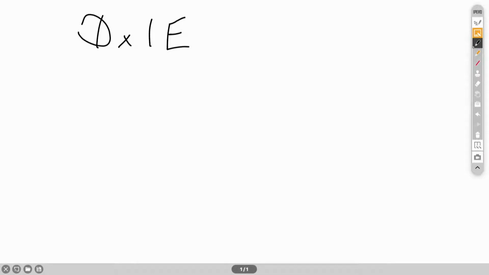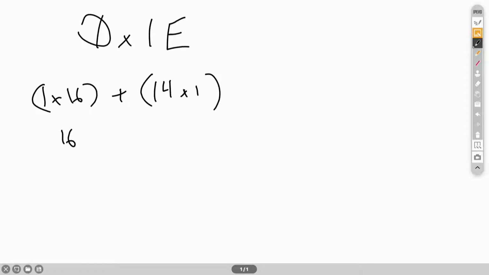Okay, so in this case, we have 1 times 16, which is just 16, plus 14 times 1, because E is equal to 14 in hexadecimal. So 16 plus 14 is 30. So 30 was the answer to that one. Let's do another one.